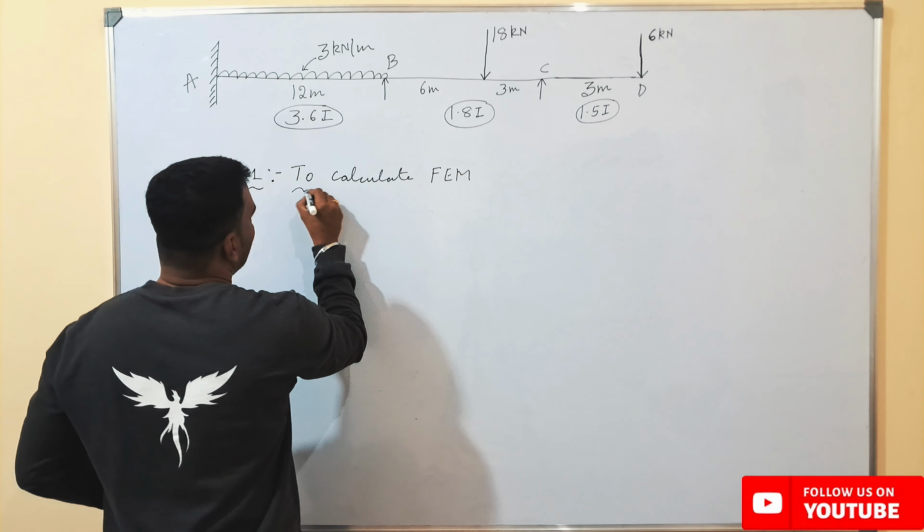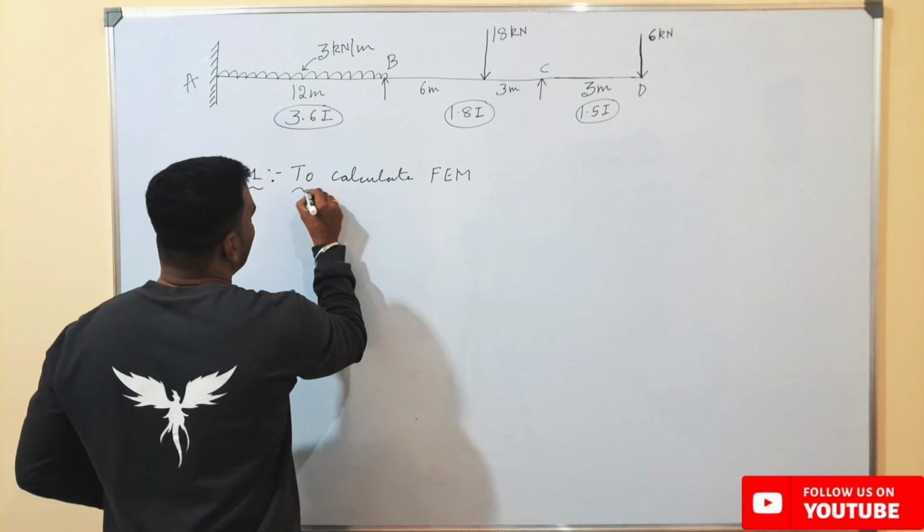So minus, the formula is WL square upon 12. The load here is 3 kN per meter, so minus 3, and the total span here is 12 square upon 12. We are having an answer of minus 36 kilonewton meters.